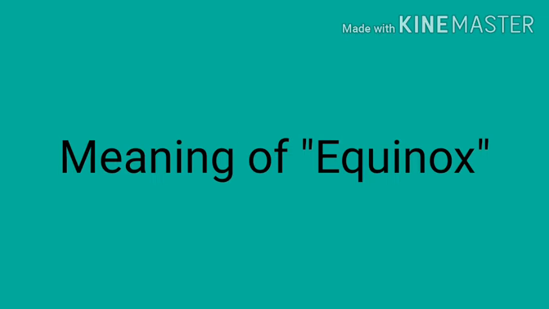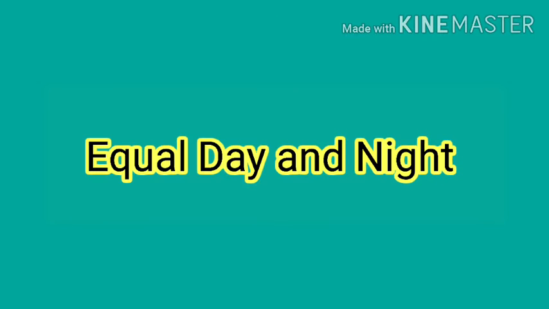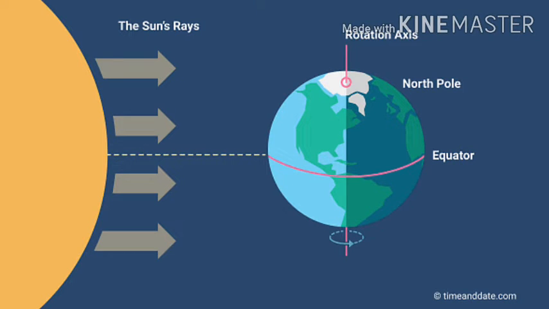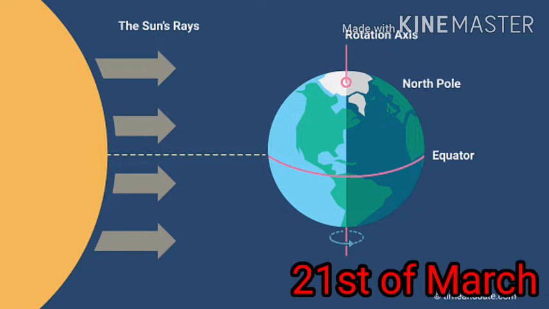Next is spring equinox. The meaning of equinox is equal day and night. So on 21st of March every year, sun rays fall directly on the equator.